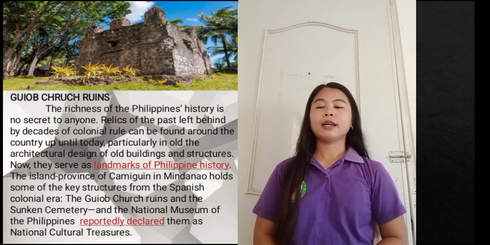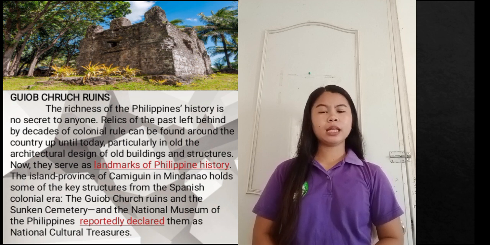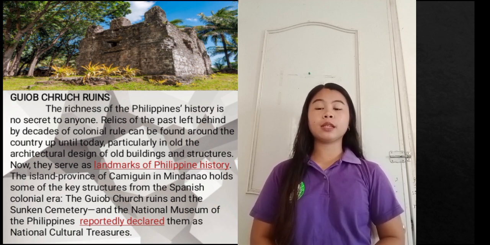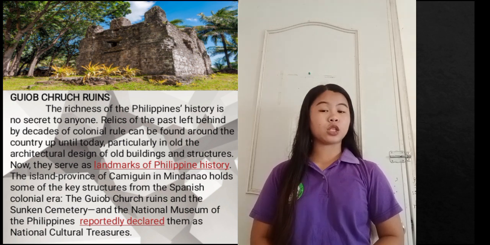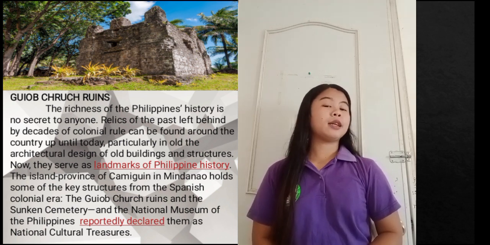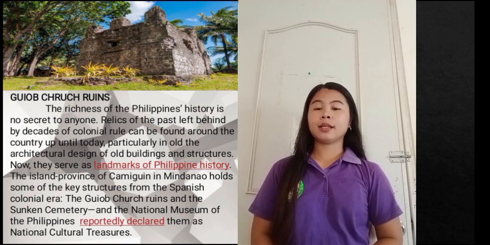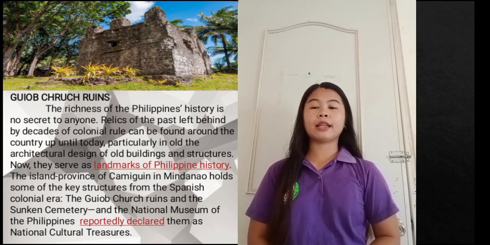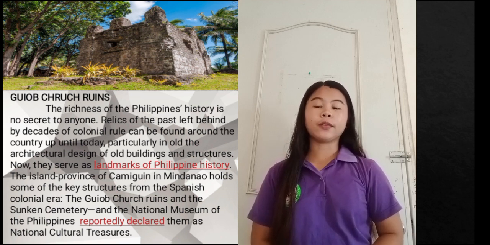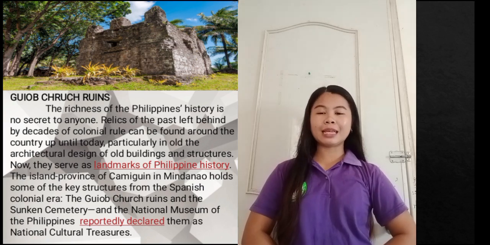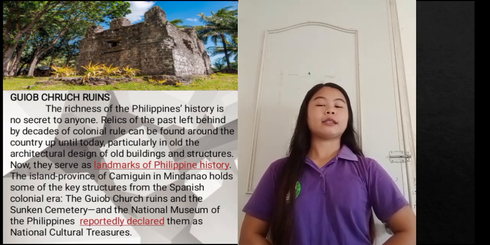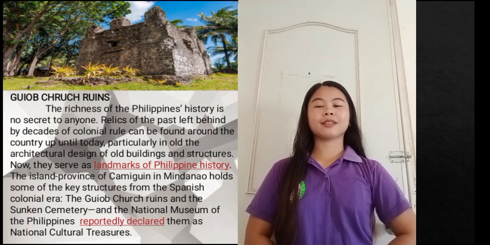The island province of Camiguin and Maguindanao hold some of the key structures from the Spanish colonial era. The Gio-ob Church ruins and the Sunken Cemetery were reportedly declared by the National Museum of the Philippines as national cultural treasures.